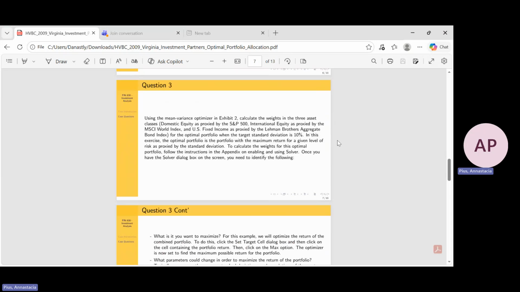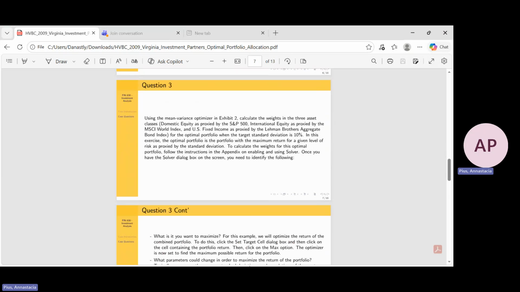So for the optimal portfolio, when the target standard deviation is 10%, in this exercise, the optimal portfolio is the portfolio with the maximum return. So we are supposed to calculate the weights for this optimal portfolio. So that's what we are seeking to see.